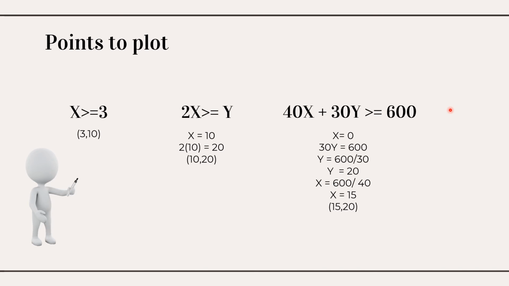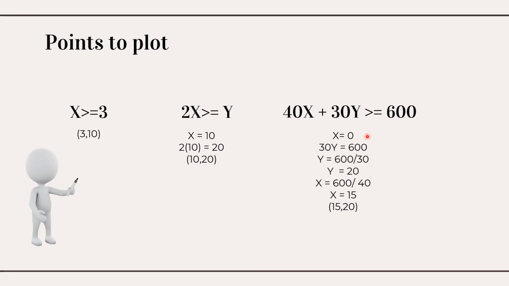Finally, the restriction 40x plus 30y is less than or equal to 600.